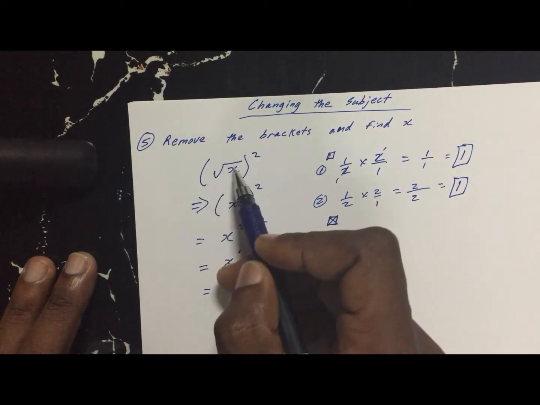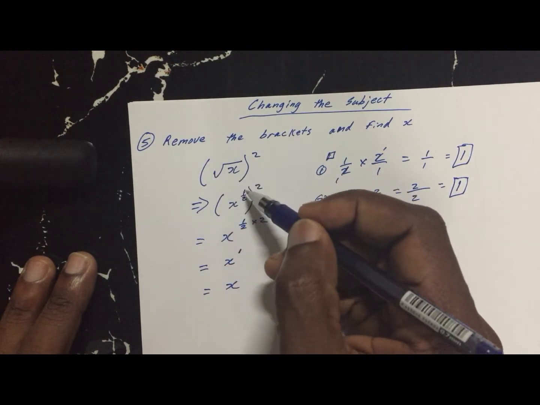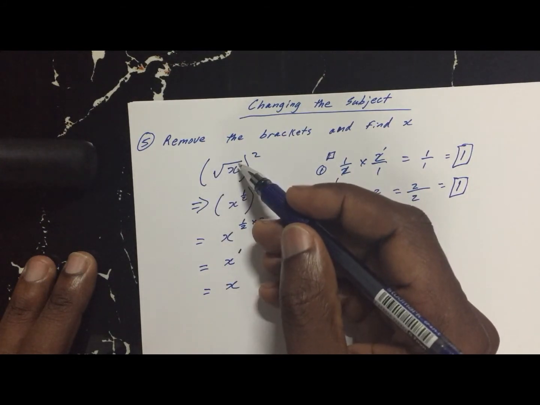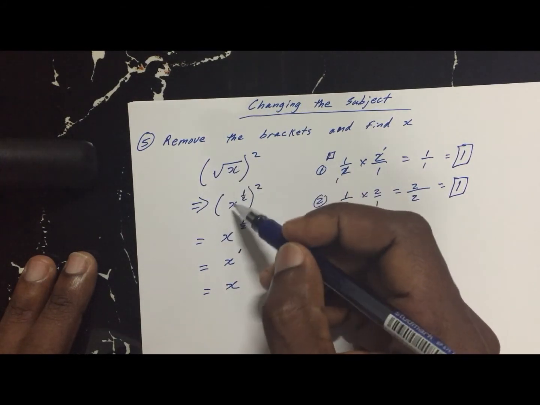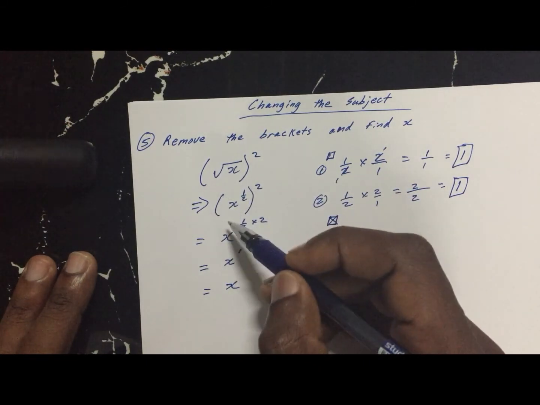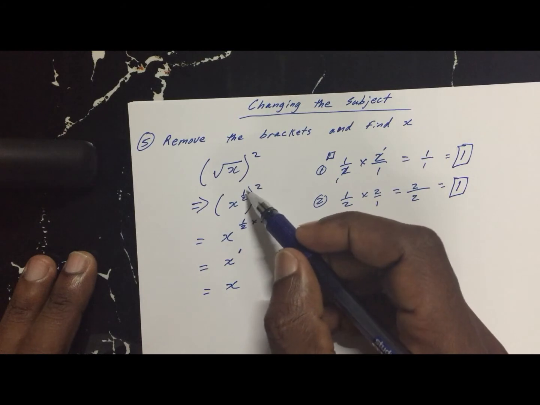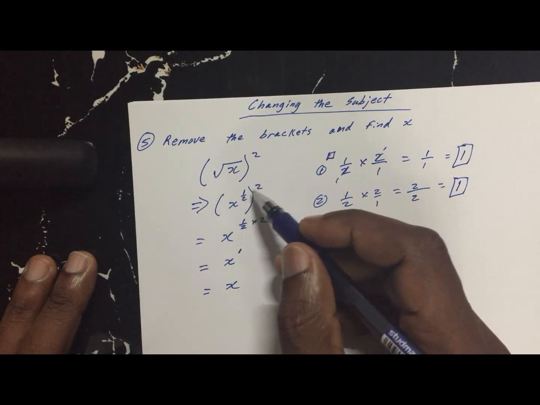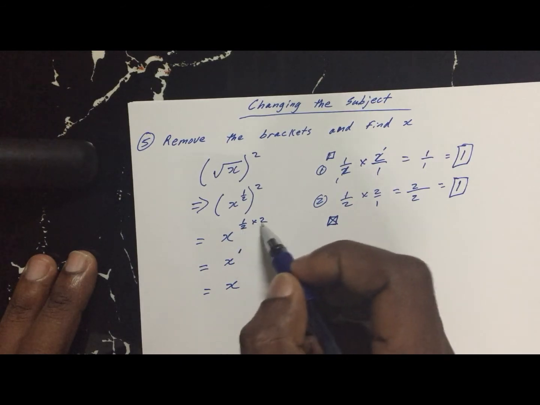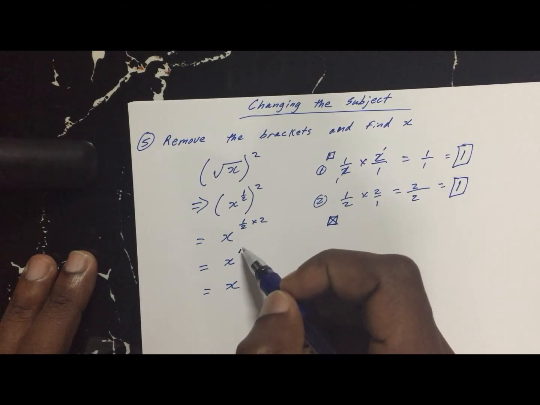Remove the bracket and find x. This is the function they give us. The first thing we do, we know that the square root of x is the same as x to the half. And we're removing the brackets, so we know once there are 2 powers, they multiply each other. Once they multiply each other, we have some solution.